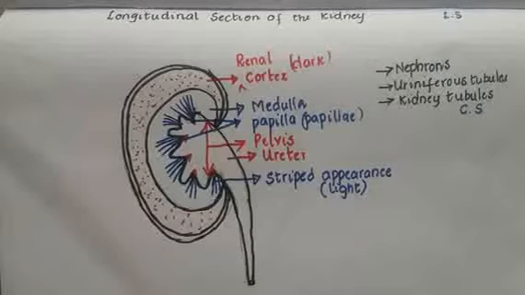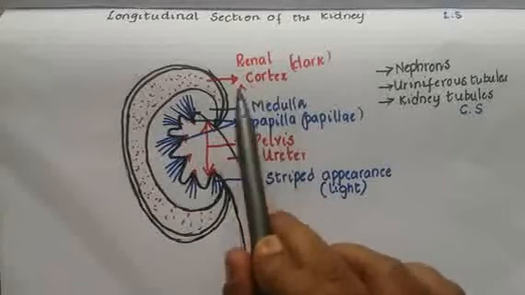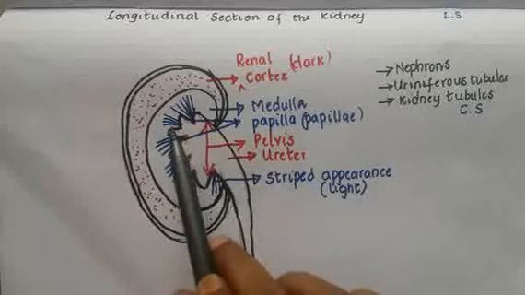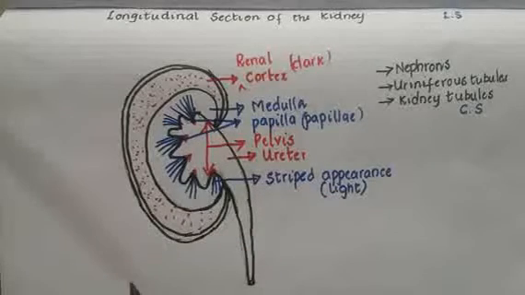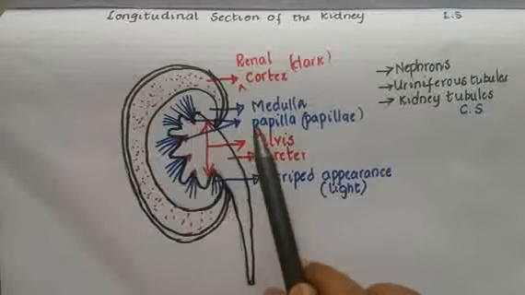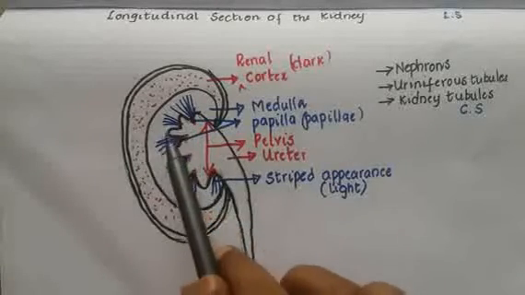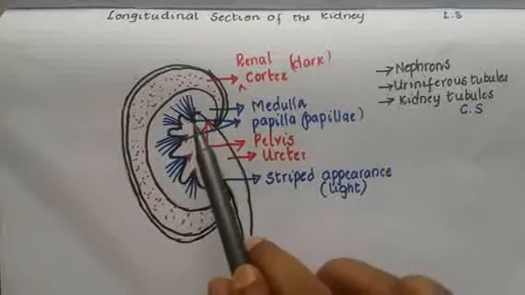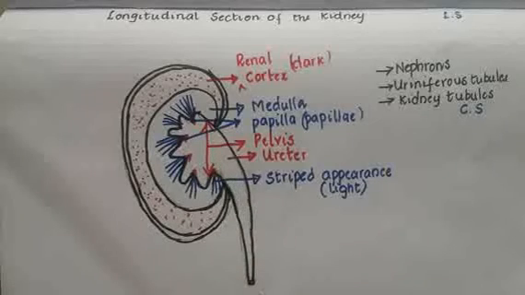Let us quickly recall. The kidney has an outer dark renal cortex which has a dotted appearance. It has an inner medulla which has a striped appearance and is light in color, and it has a number of conical pyramids, and the apex of each pyramid is known as a papilla. So urine which is produced in these two regions enters into the papilla. From the papilla it is poured into the pelvis, later carried to the urinary bladder to store the urine.